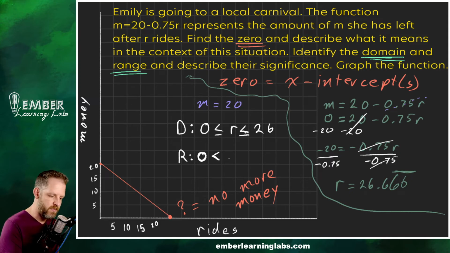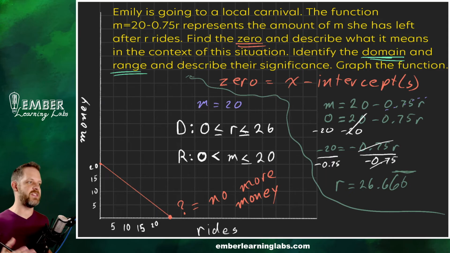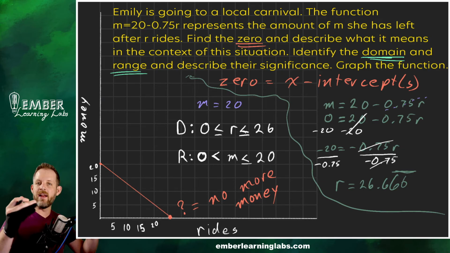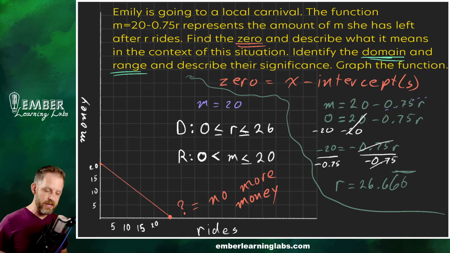So we'll say it's not including 0, and we're doing M. It goes up to $20, and that's what the range represents in this particular problem. It represents how much money she has from her highest amount of $20 down to almost $0. So that's interpreting linear functions with a single example.